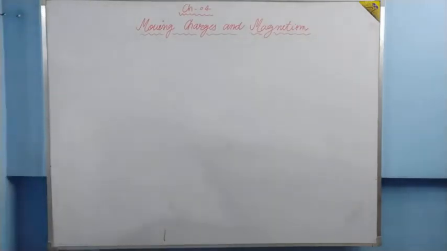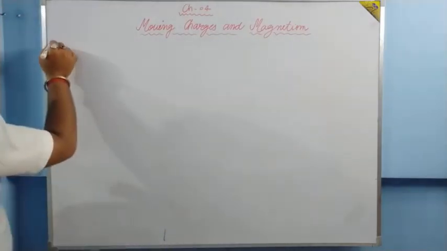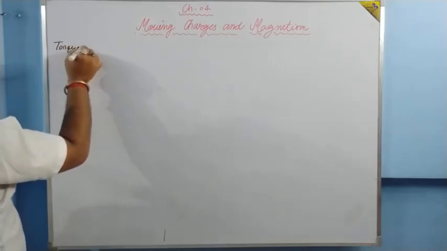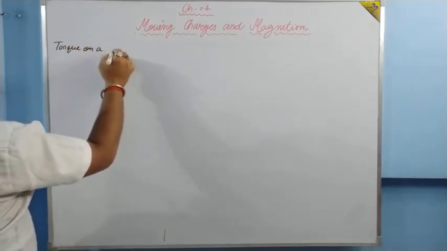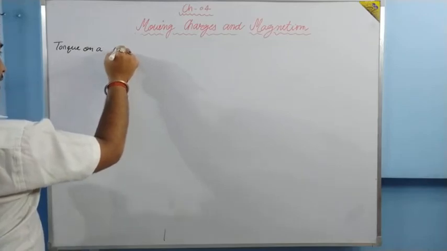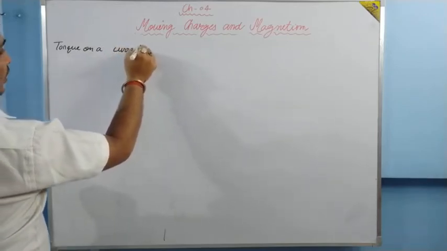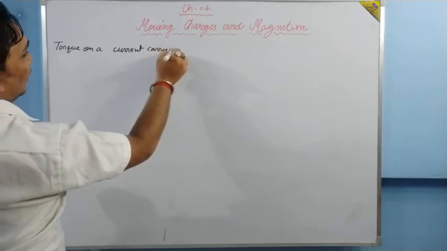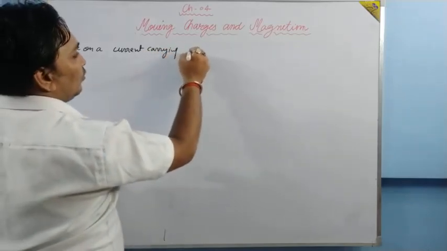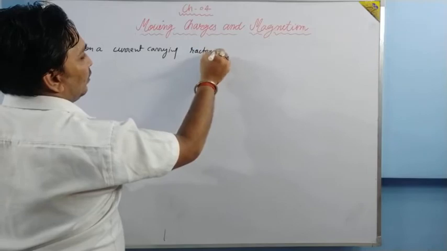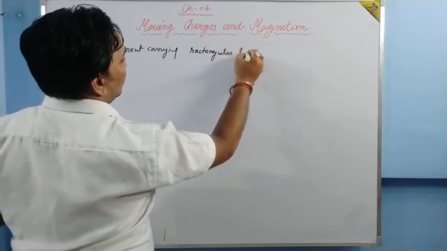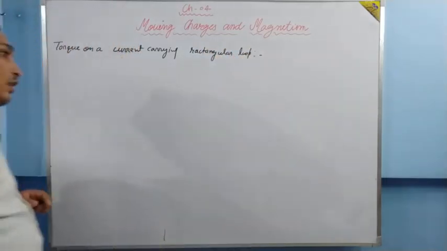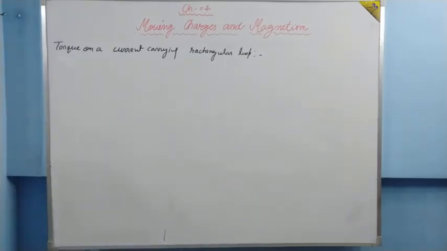So the next topic is torque on a current carrying rectangular loop. This is the topic. Now let us draw the diagram, because in this topic the diagram is very important.